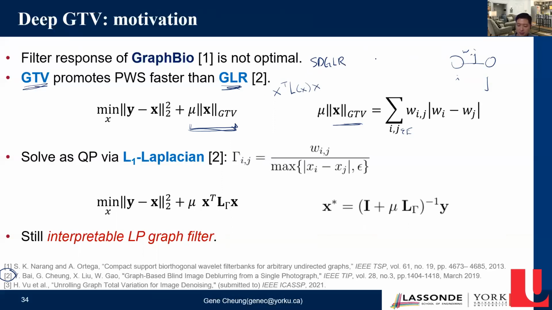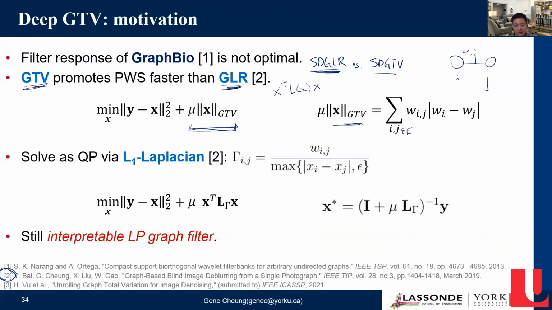And we're comparing that with signal-dependent graph TV. When comparing these two, it has been shown that the signal-dependent graph TV promotes piecewise smoothness much faster than the signal-dependent GLR. Okay, so this is a nice thing to know, that it promotes piecewise smoothness faster in terms of convergence.